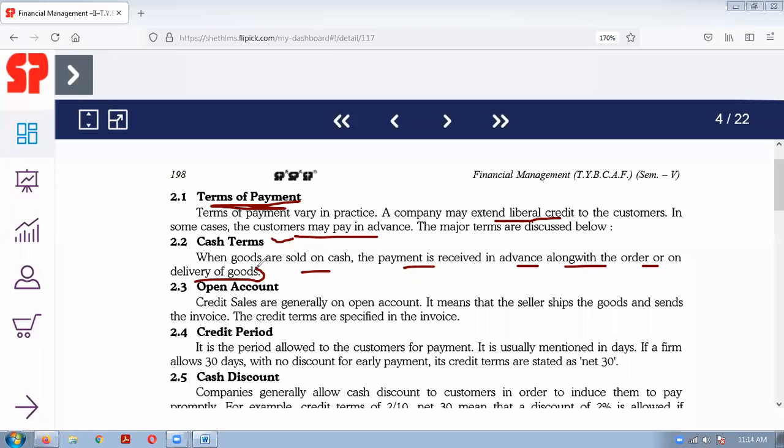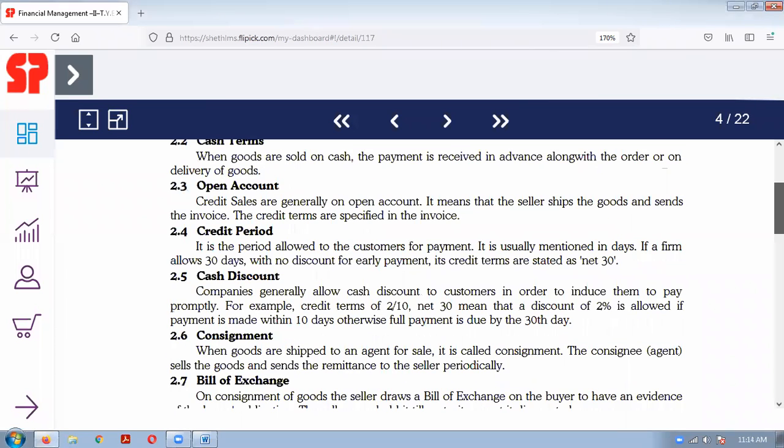They can say that pay us in advance while giving the order only, or some businesses will take the cash immediately after goods are delivered. This can be one of the payment systems followed by a business.